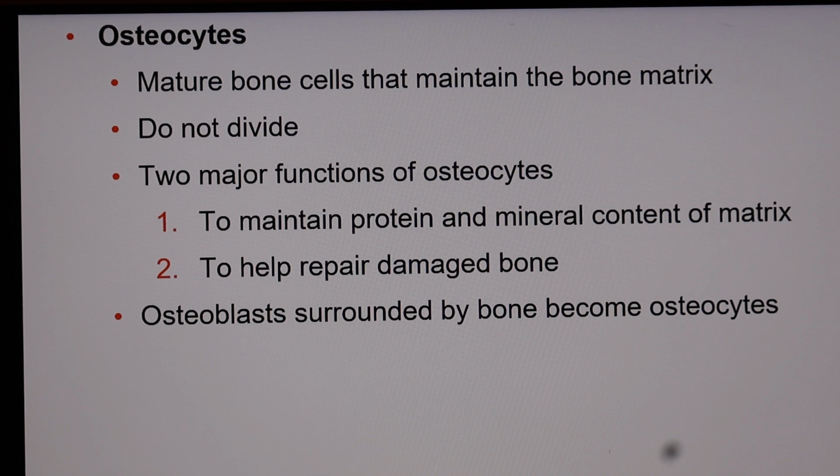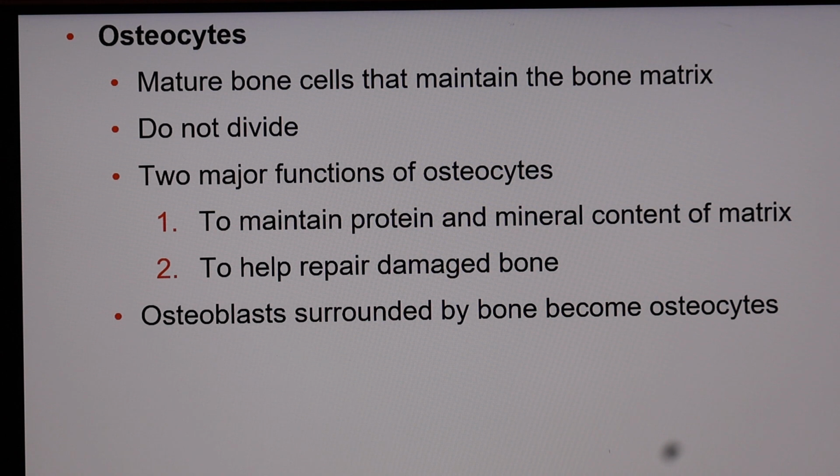Remember what the components of bone matrix were in the previous slide? They do not divide. There are cells that are the dividing cells, which are the stem cells, but that is not relevant for the osteocytes.